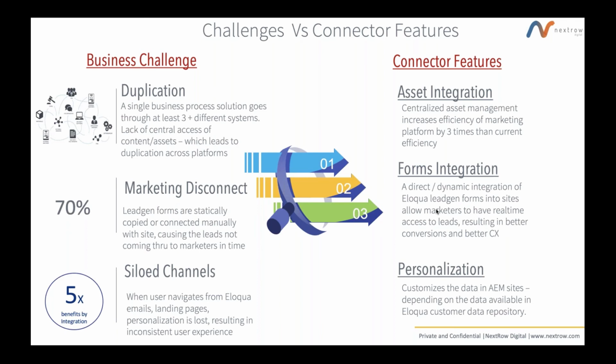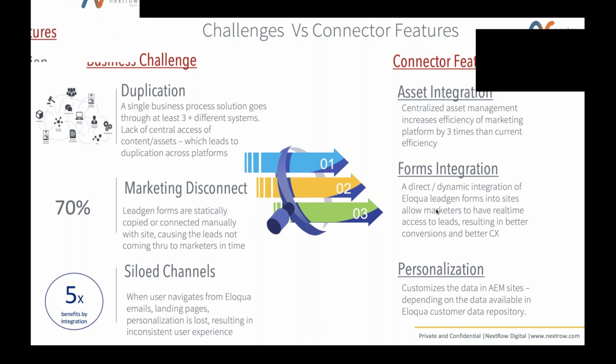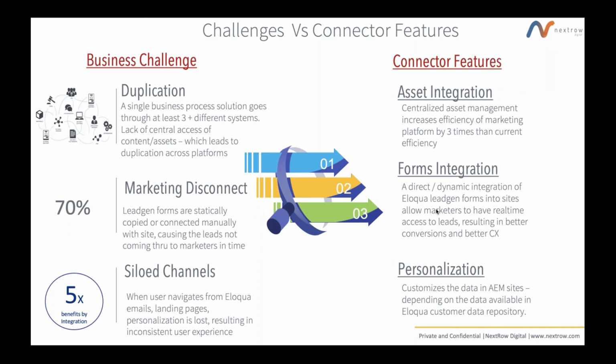So by looking at the business challenges, the three main challenges we identified were, essentially, first, asset duplication. Whenever the marketer wants to run a campaign, they will be downloading images, PDFs, and videos from either AEM DAM or from shared network drives like box.com or Dropbox, and then uploading them to Eloqua, then using these assets in Eloqua in their email campaigns.